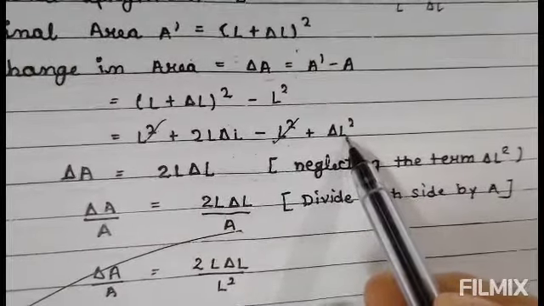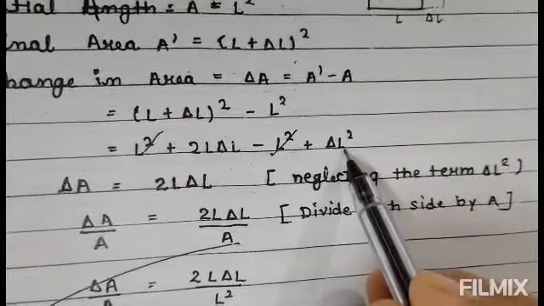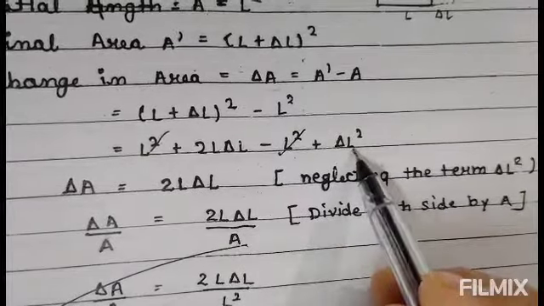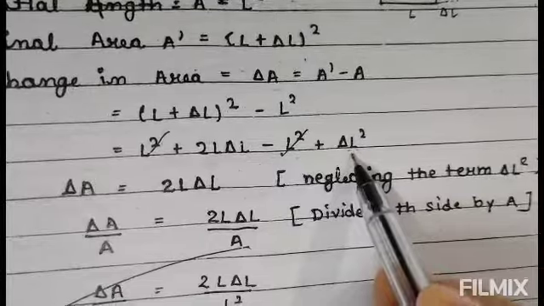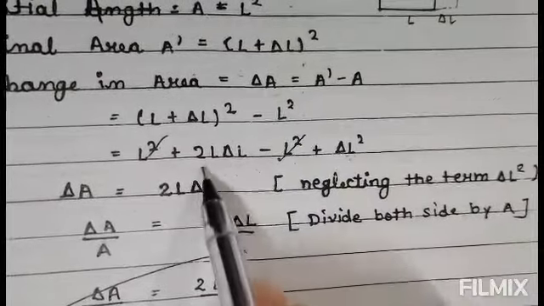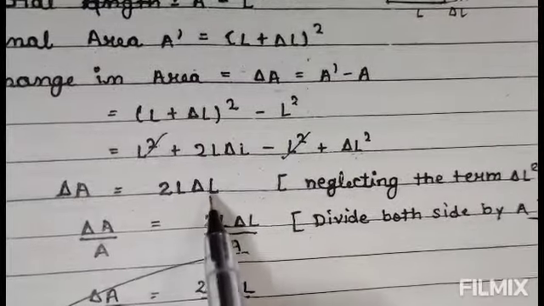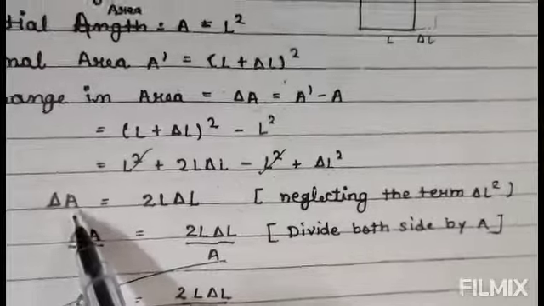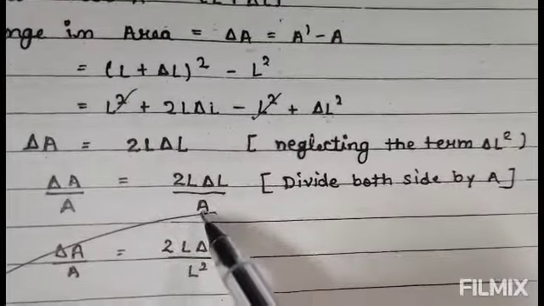Now this del L is a very small quantity, so squaring a small quantity makes it even smaller. In that case we can neglect del L square, so we get only 2L del L. That means del A is equal to 2L del L. Now just divide by the area A on the left hand side as well as the right hand side.